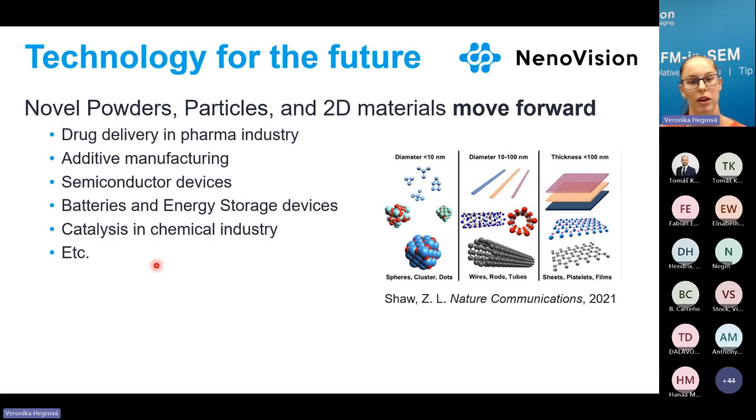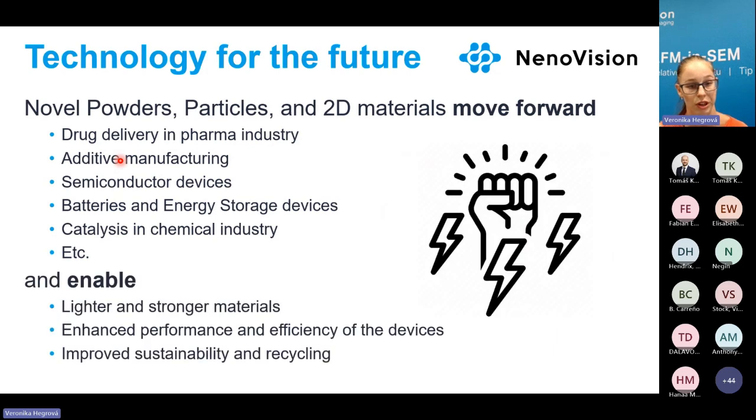And so if we go into these powders, particles, and 2D materials, where it changes, what is the future? Definitely the development needs to be, or influences, or measurements in drug delivery, in pharmaceutics, additive manufacturing, semiconductor devices, battery and energy storage, or catalysis in the chemical industry.